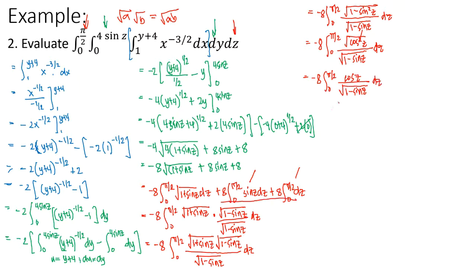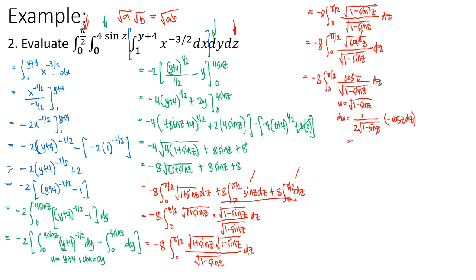Okay, so if we let u be equivalent to square root of 1 minus sine z, our du would be 1 over 2 square root of 1 minus sine z, times the derivative of negative sine z, which is negative cos z dz.